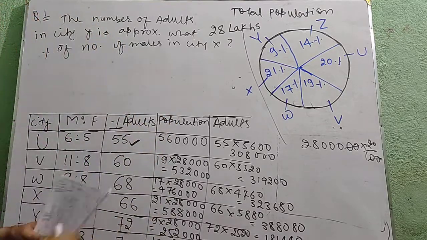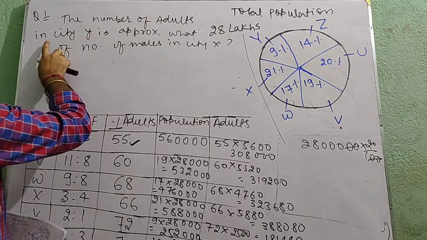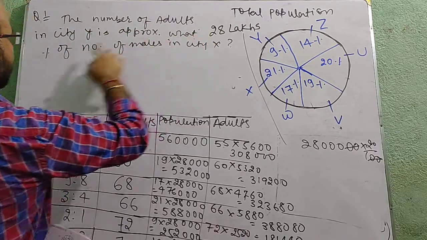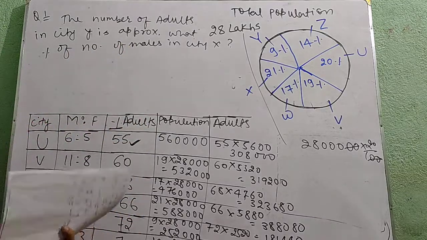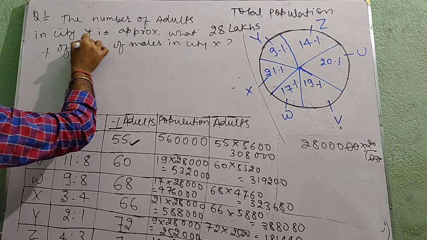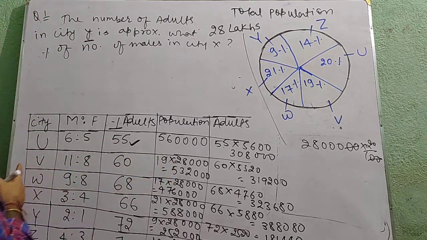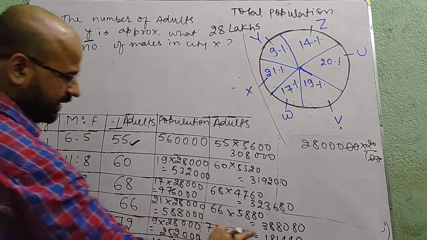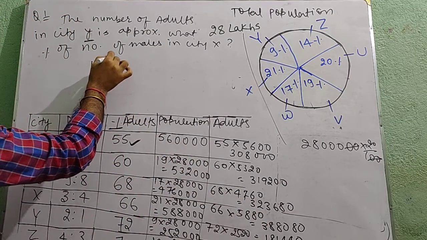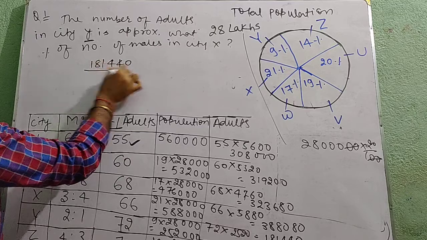First question is, the number of adults in city Y is approximately what percent of the number of males in city X? You are watching the number of adults in Y. Where is Y? That is 181,440.